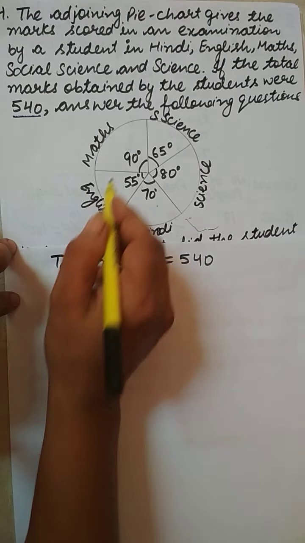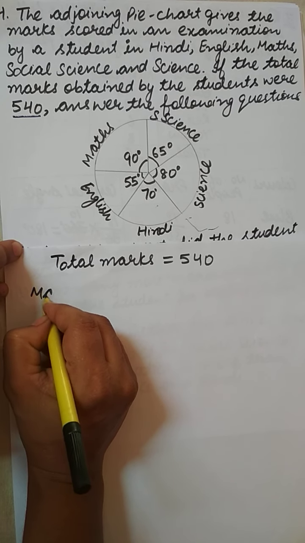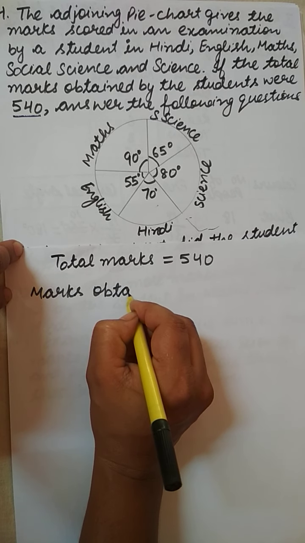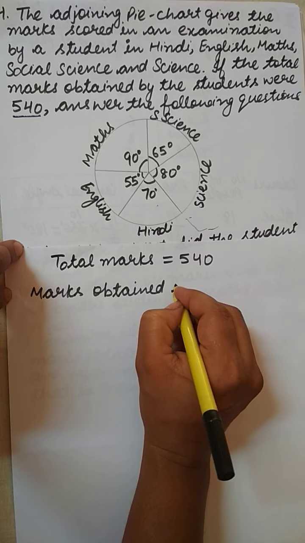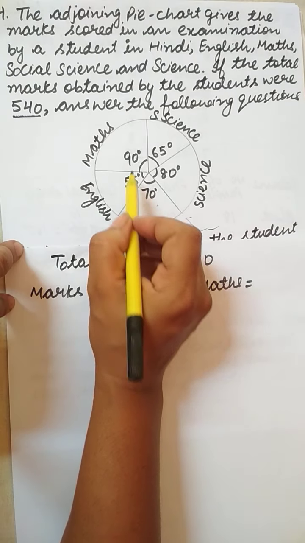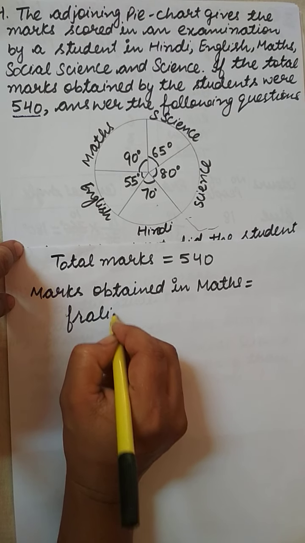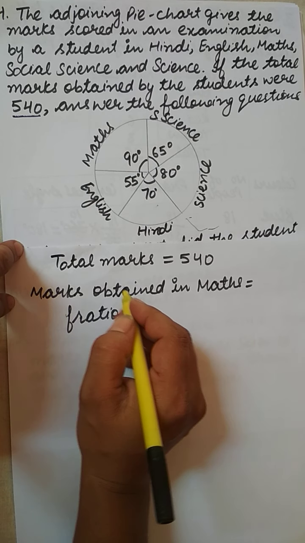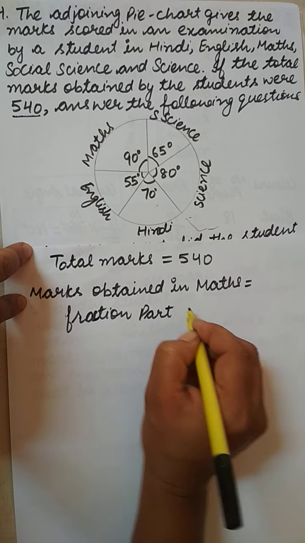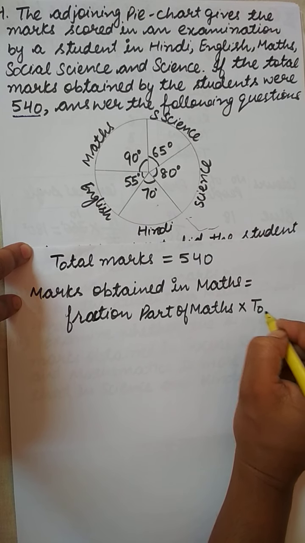Firstly let us calculate in the subject of Maths. Marks obtained in Maths is equal to fraction part of Maths multiplied by total marks.